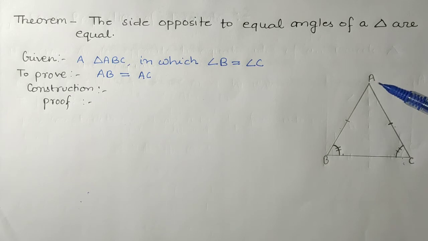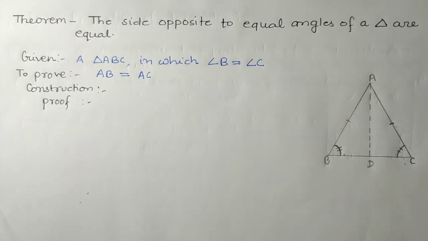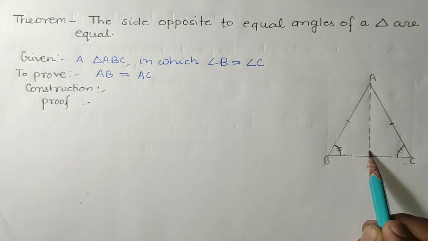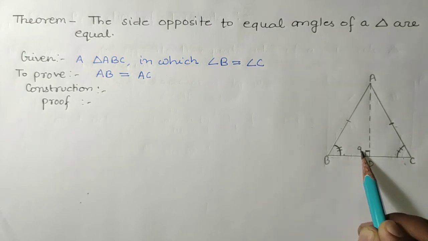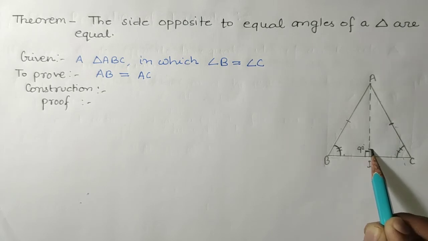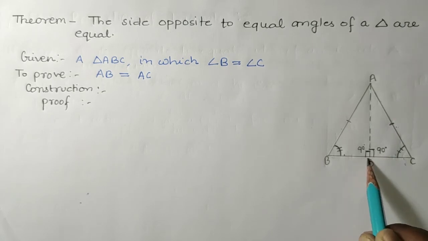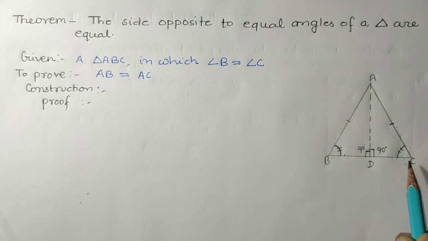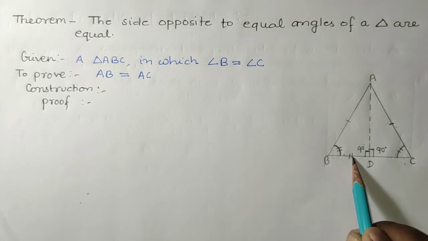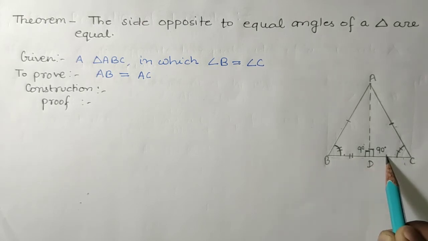This time we'll construct a perpendicular bisector of BC from A. A perpendicular on BC means this angle is 90 degrees, and this will also be 90 degrees. It is perpendicular on BC, as well as dividing BC into two equal parts, the part BD and the part DC.